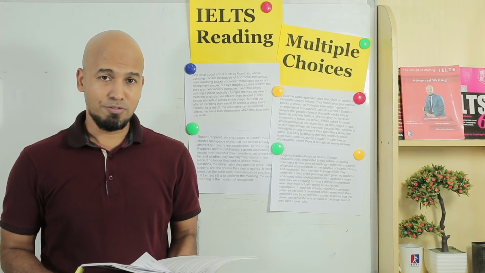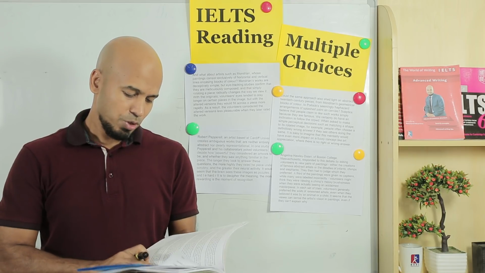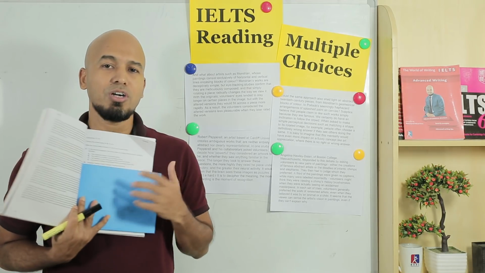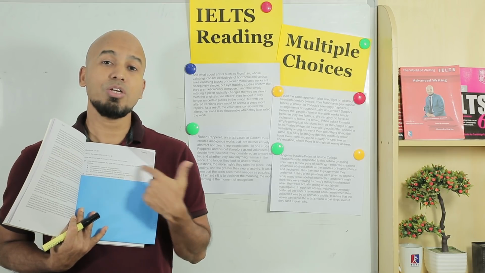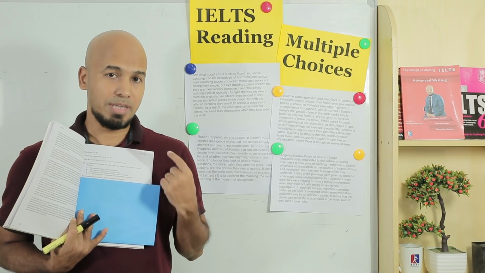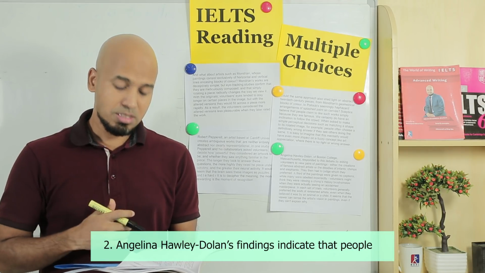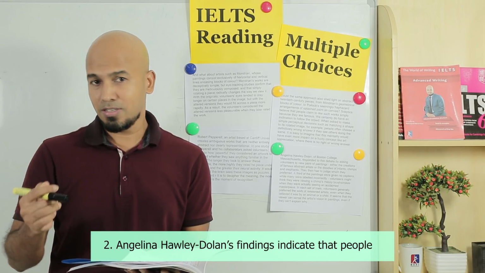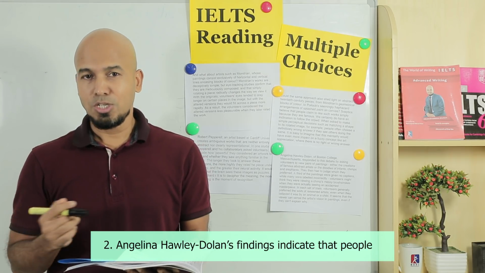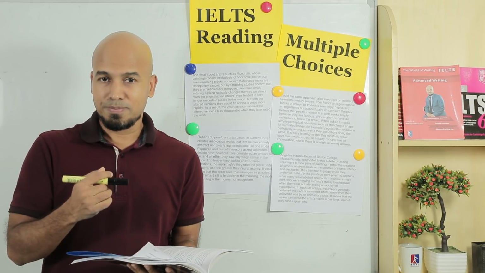We are going to solve another one, 28. The same way, we will cover all four alternatives, and we will read only the stem part, S-T-E-M. Angelina Holly Dolan's findings indicate that people. So it's all about the findings of a research.